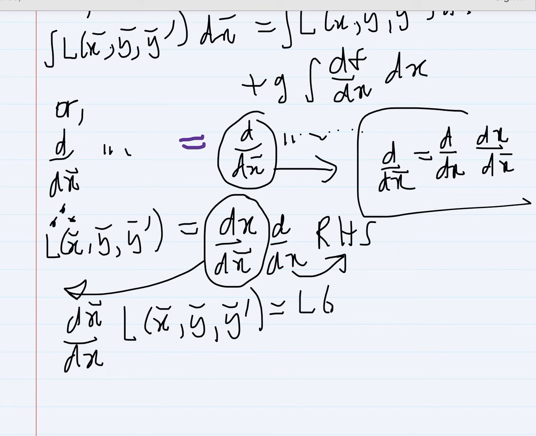We end up with L of x y dashed plus the parameter g df by dx. That's after differentiating the right hand side.